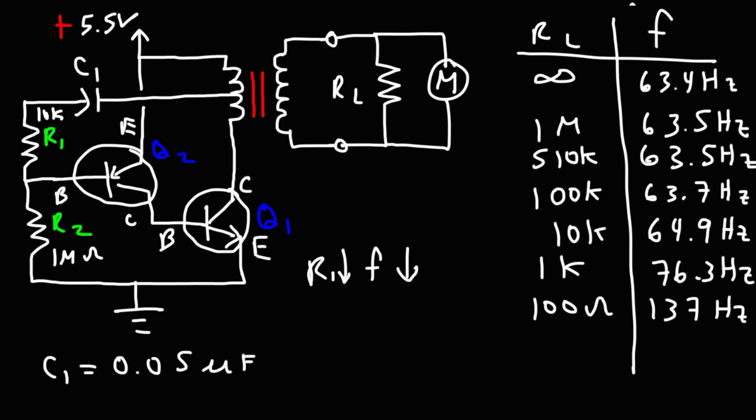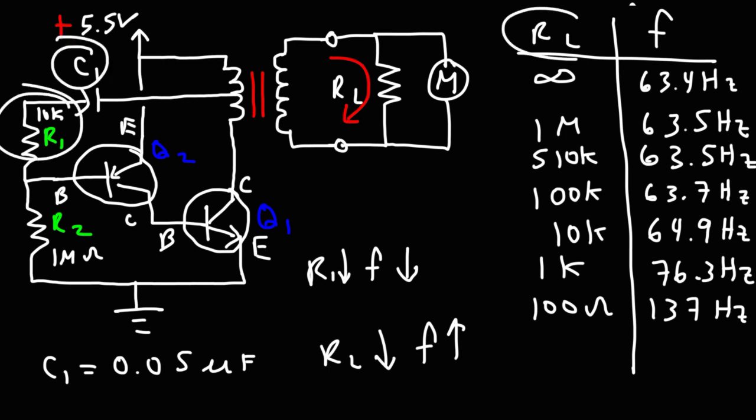So as more current is drawn from the output, the frequency changes. As the load resistance decreases, the frequency increases. So it's important to understand what factors in the circuit affect the frequency at the output. We saw that the capacitor affects it, R1, and also the load resistance.